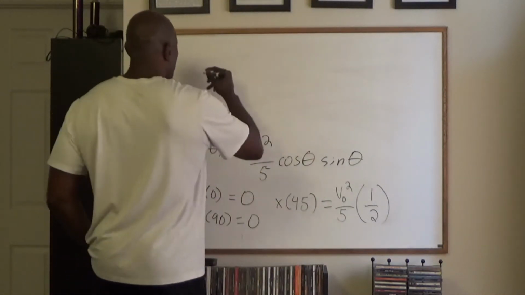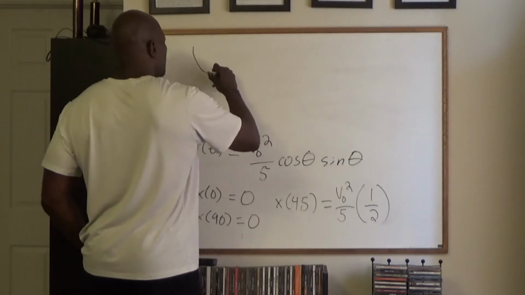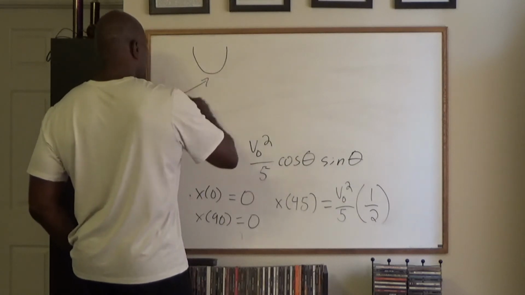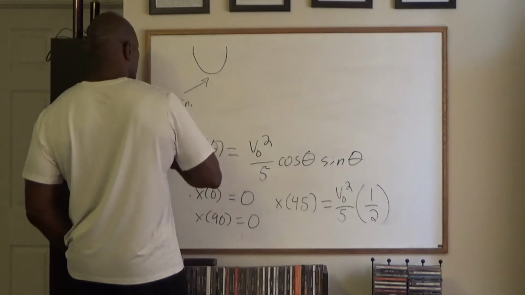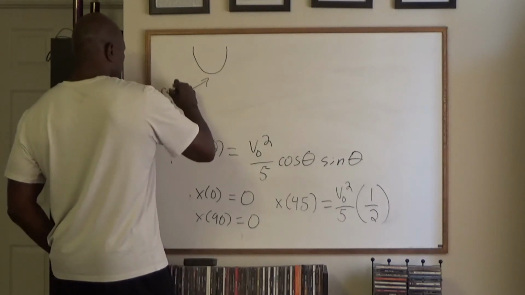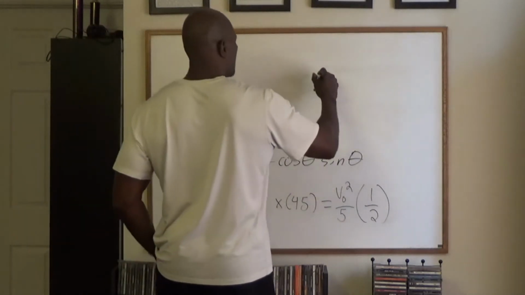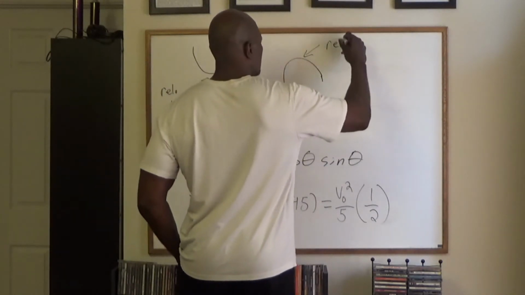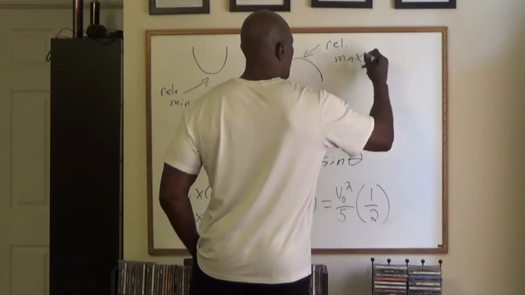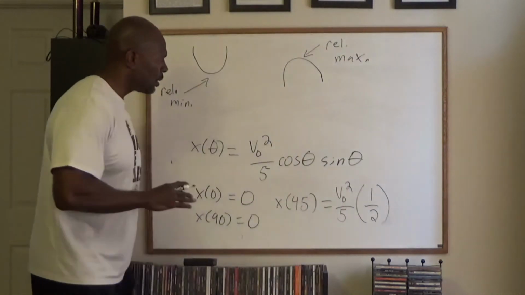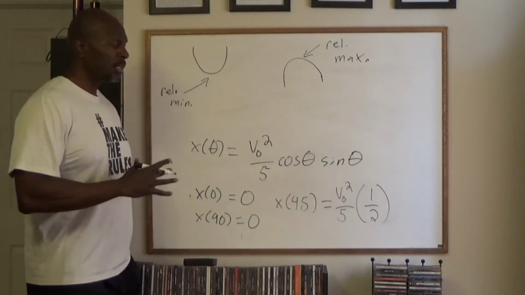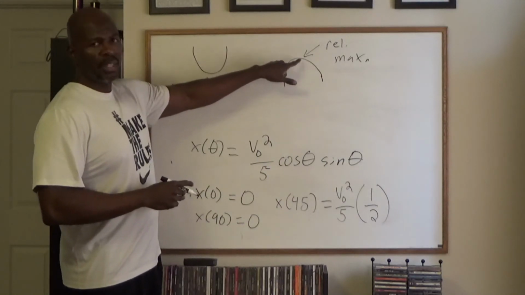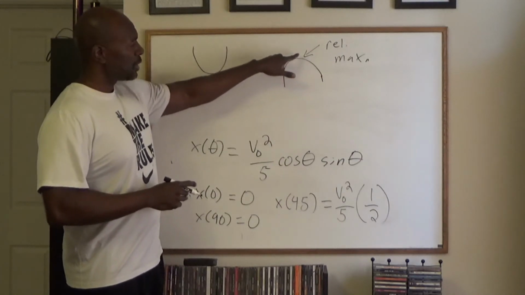So if you look at a graph, here's a graph that's concave up, and this would be called a relative min. Here's a graph that's concave down, and this will be called a relative max. So what you notice for relative extrema, when you have a relative max, the graph is concave down close to that point.